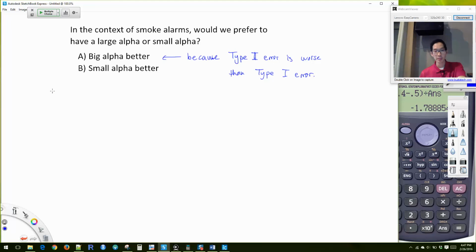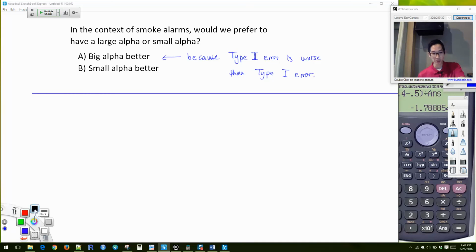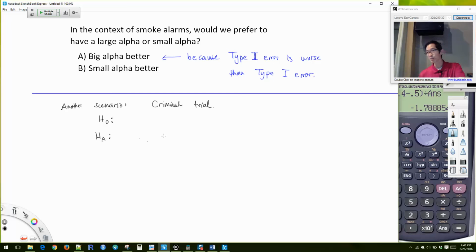Let me just describe a scenario where maybe type 1 error is worse than type 2 error. So imagine a criminal trial. In our justice system, we say the defendants are presumed innocent until proven guilty, right?